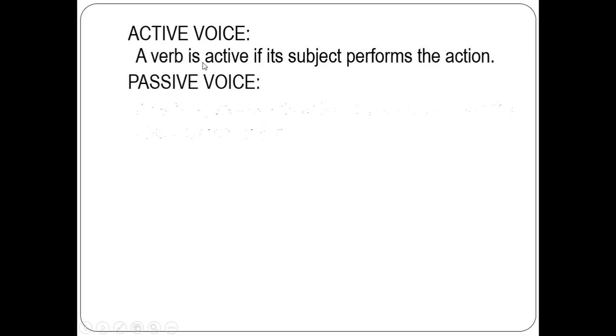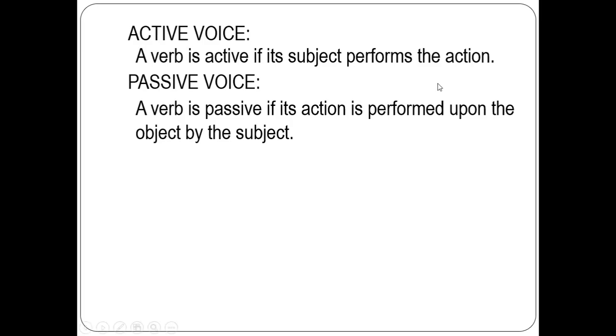But for the passive voice, a verb is passive if its action is performed upon the object by the subject. So clearly, the one difference in this definition is that suddenly you have the object over here. So the action is performed upon the object by the subject. An important thing to remember in the passive voice is that the object suddenly assumes greater importance rather than the subject.